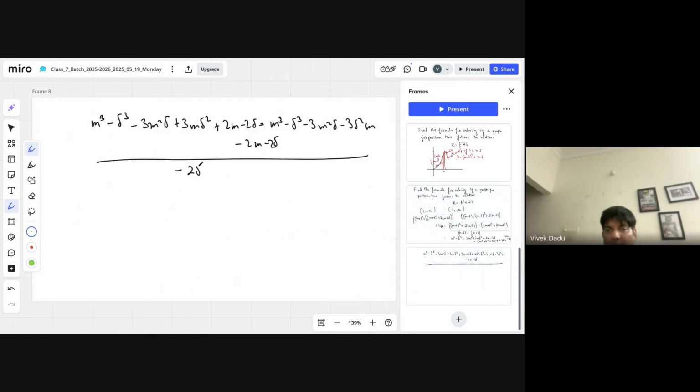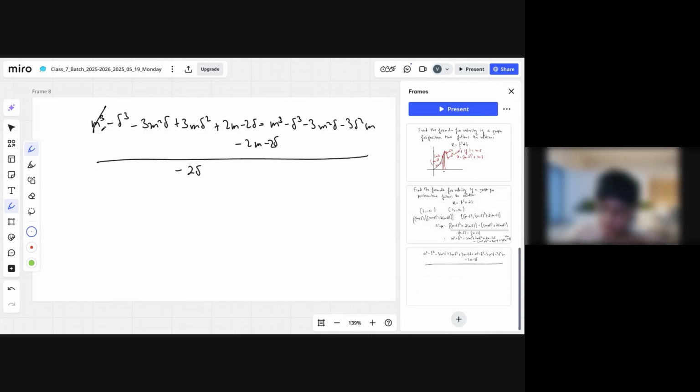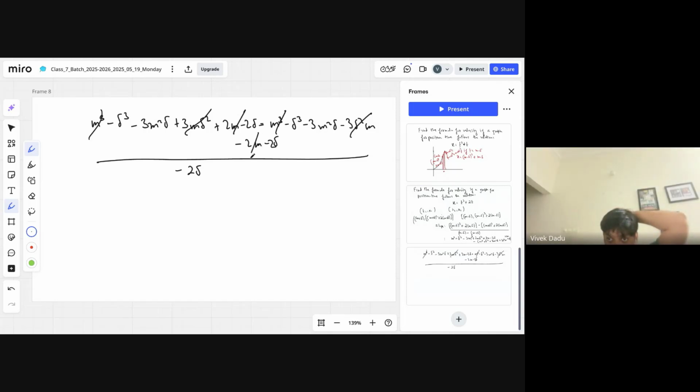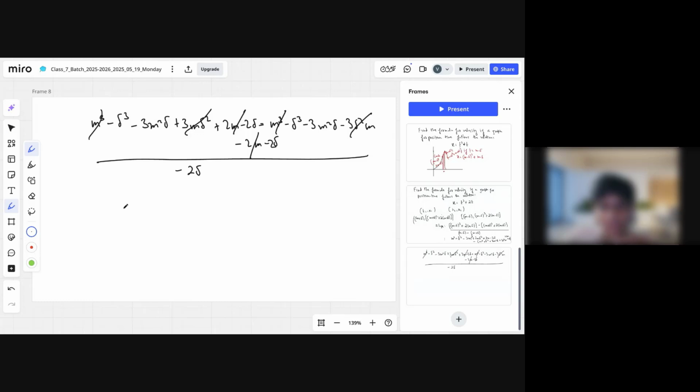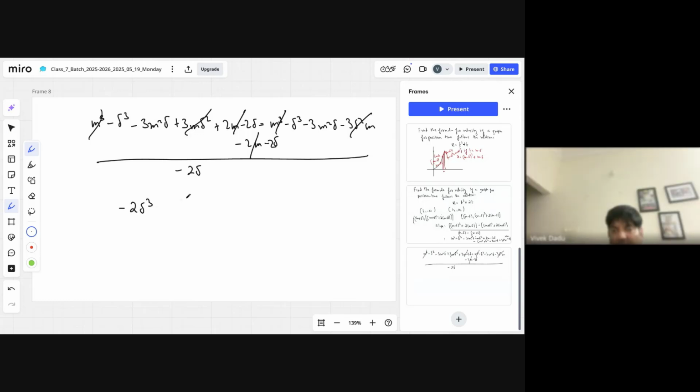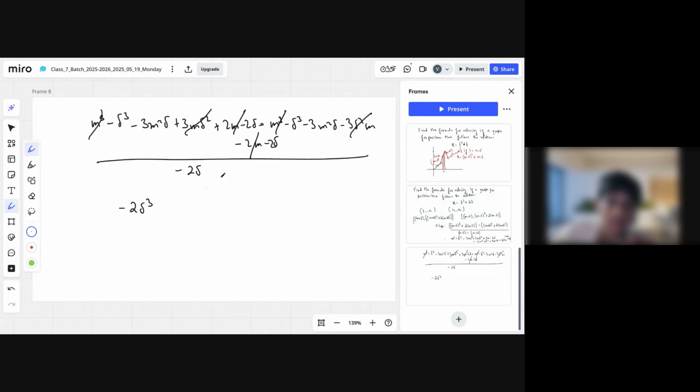Now, sir, m cube minus m cube is cancelled. Then minus 3m delta squared and plus 3m delta squared cancel. What else? 2m and 2m cancel, and we get minus 2 delta cube and minus 6m squared delta minus 4 delta, divided by minus 2 delta.